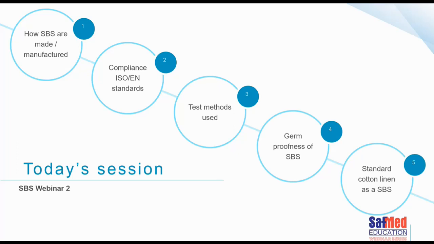We'll look at interesting stuff like a germ proofness test. And we'll touch on that touchy subject of standard cotton linen and its use as a sterile barrier system, something that is quite common in the South African setting and in fact in Africa as a whole.